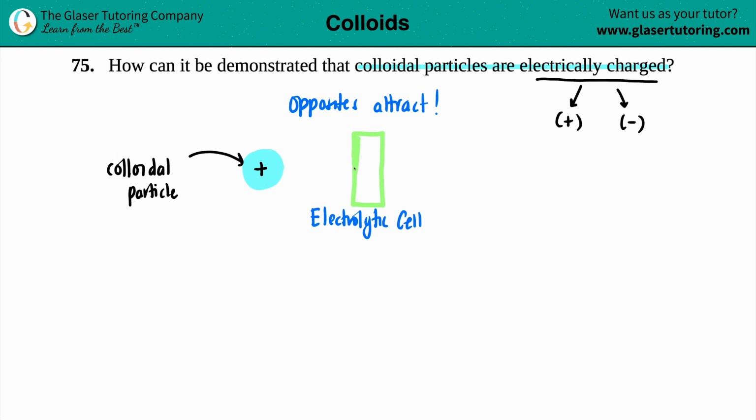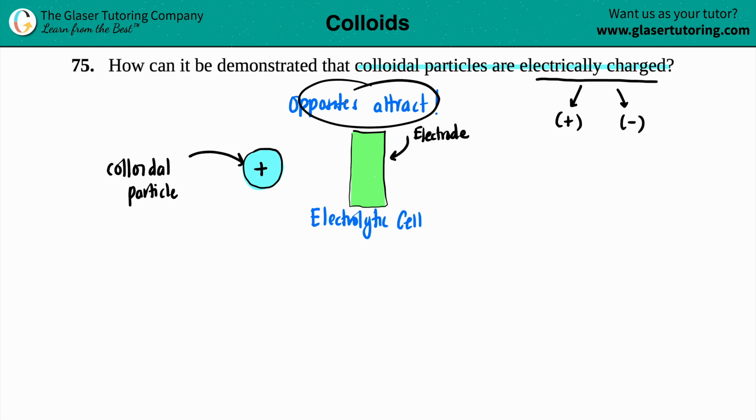Now let's pretend that we have a big electrode here, which I'm just going to draw as a rectangle. And maybe I'll make this nice. We'll have a little border on it. Let's have some fun, right? Beautiful. And this is my electrode. Now, in this electrolytic cell, you're going to have two electrodes, right? One should be positive, and the other one should be negative.